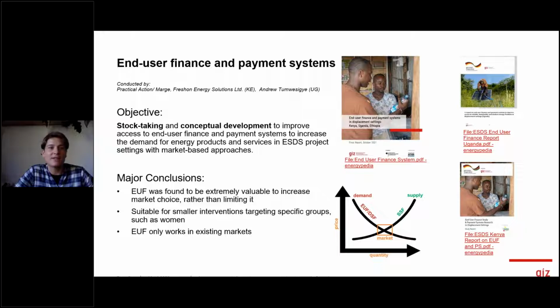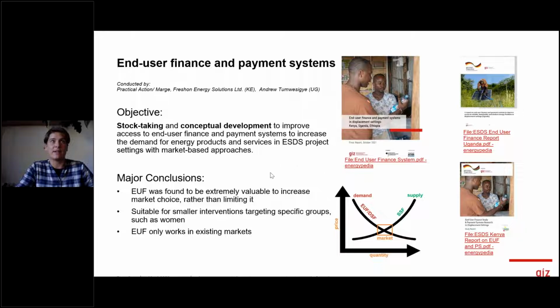People are not having access to money, and they may not also take cooking energy as their priority as long as you can find firewood for free in the forest. So this study is on end-user finance and payment systems. The objective of it was defined as to do stock taking and conceptual development to improve the access for end-user finance and also the access for payment systems in displacement settings.